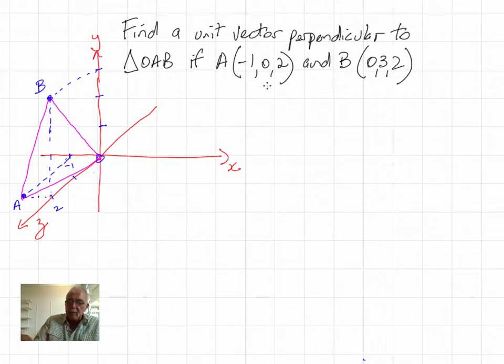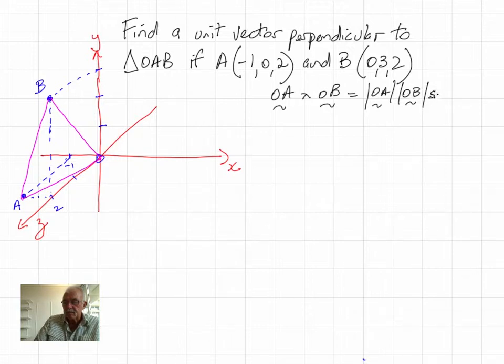We know that the cross product of OA crossed OB is the absolute value of OA times the absolute value of OB times sine theta n. Those first three are scalars, and this n is a vector, a unit vector, that is perpendicular to both OA and OB.